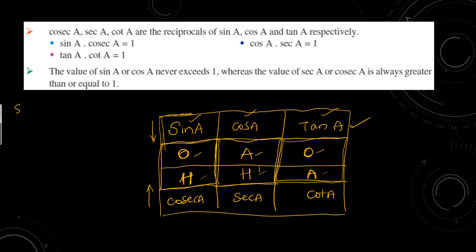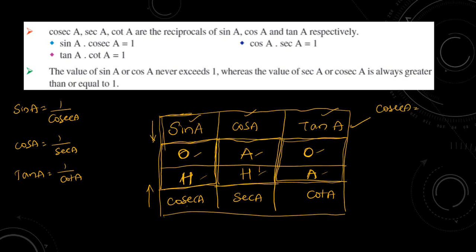That means sin A is equal to 1 by cosecant A. Similarly, cos A is equal to 1 by secant A. Same way, tan A is equal to 1 by cot A. The same way we can write cosecant A is equal to 1 by sin A, secant A is equal to 1 by cos A, and cot A is equal to 1 by tan A.